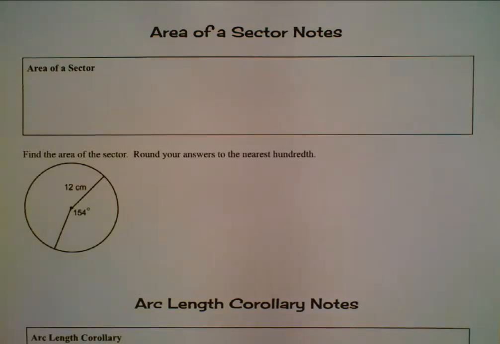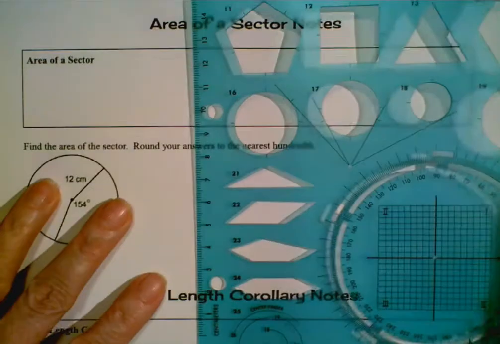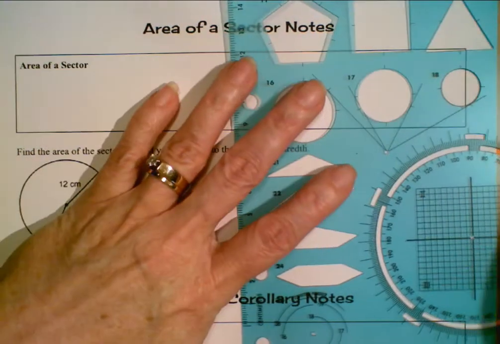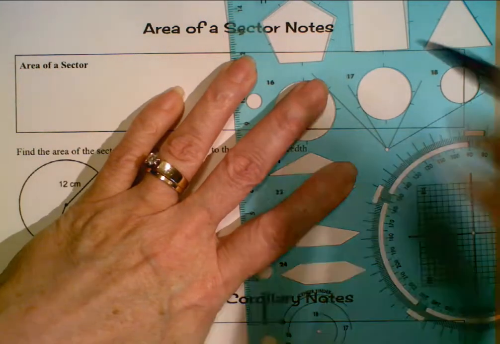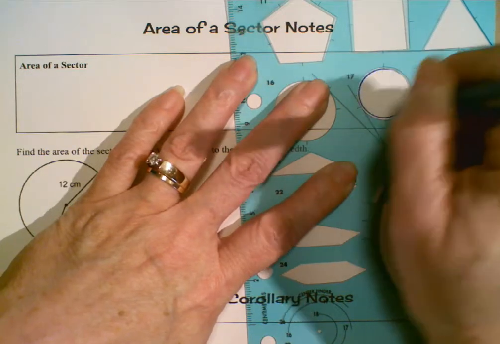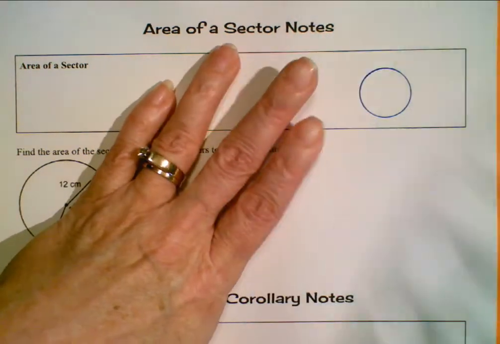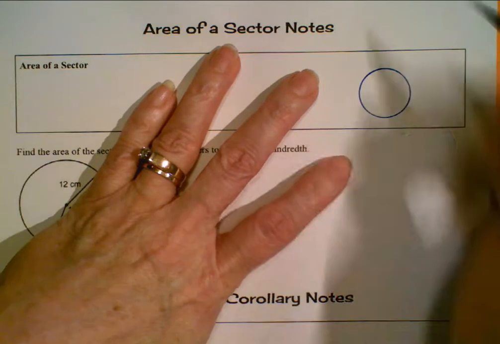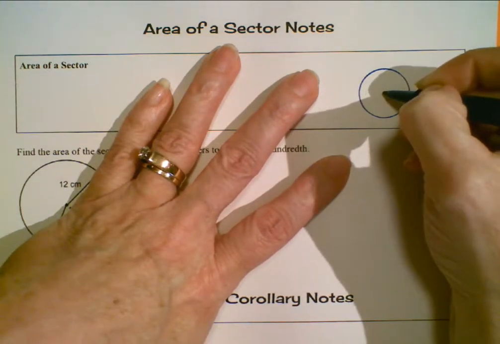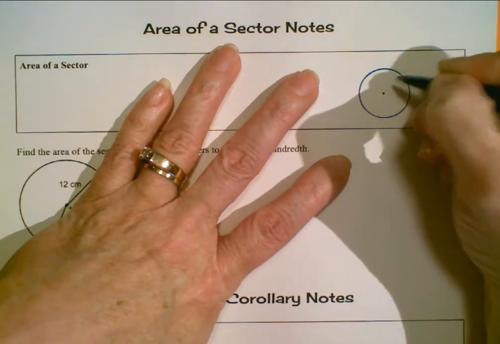All right, so let's talk about what a sector is first. So I'm going to draw a circle over here, and I'm going to cheat to do it because, well, you've seen my circles. All right, so with that circle, I'll mark the center, and we're going to draw an angle in here.